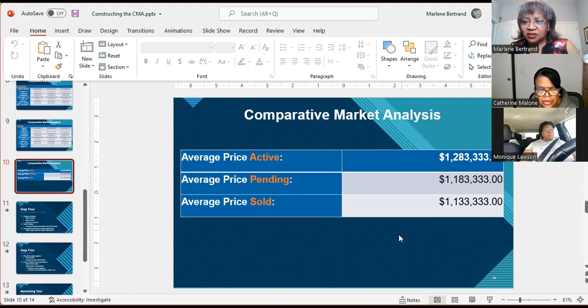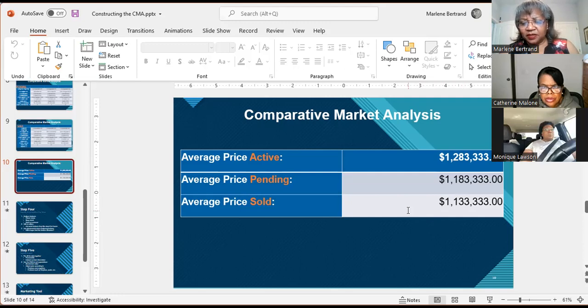So when you're talking to your buyer, you can tell them the average price that's sold is this number. Or you can tell the seller, the average price that's sold is this number, and maybe you might want to list it somewhere around that price range.